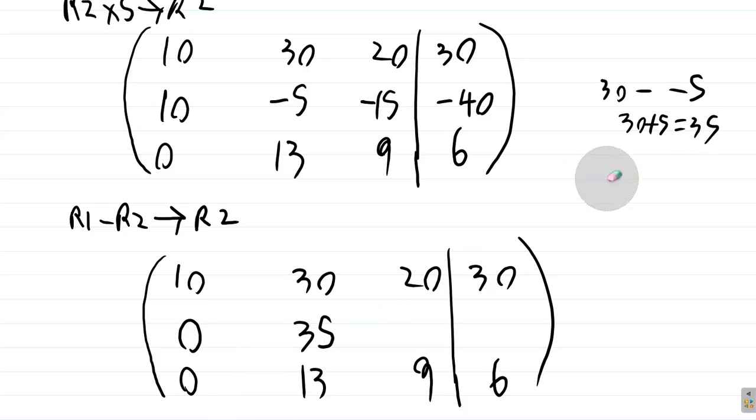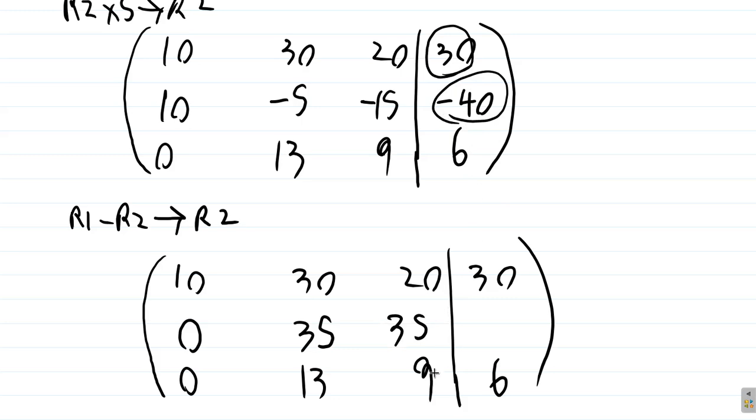So you don't make a mistake, right? Alright. 20 minus negative 15 is the same as 20 plus 15, which is 35. Then 30 minus negative 40 is the same as 30 plus 40, which is 70.